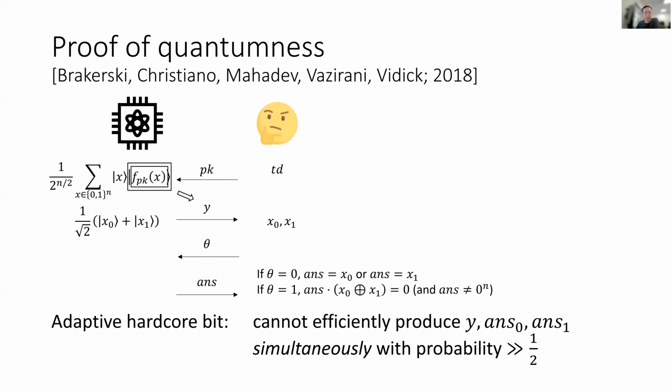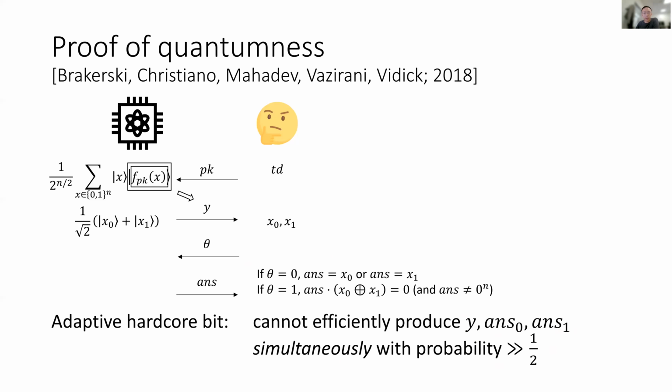So the adaptive hardcore bit property that I mentioned earlier can be intuitively thought of as the property that any, even quantum, adversary cannot produce the 3-tuple (y, n0, n1) such that (y, n0) passes the first verification while (y, n1) passes the second verification, simultaneously with probability much higher than 1/2.